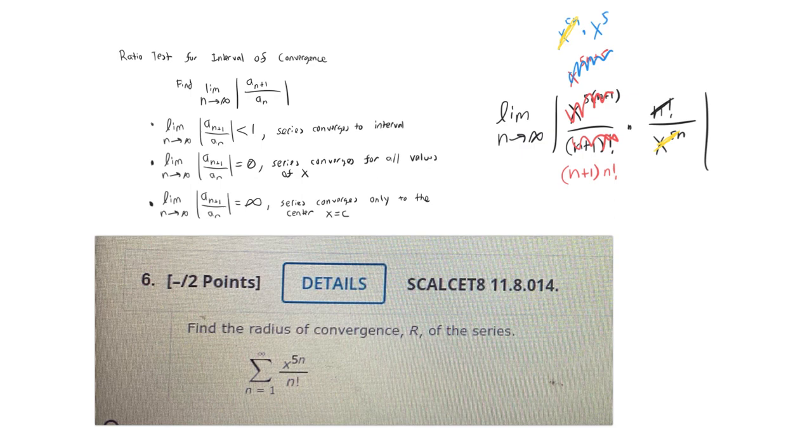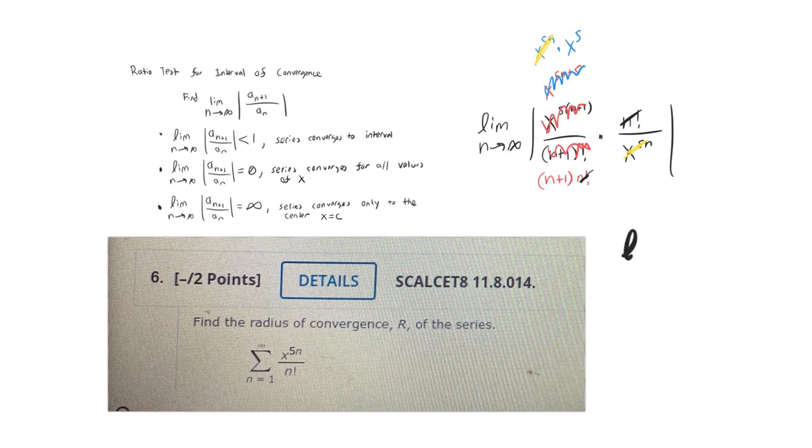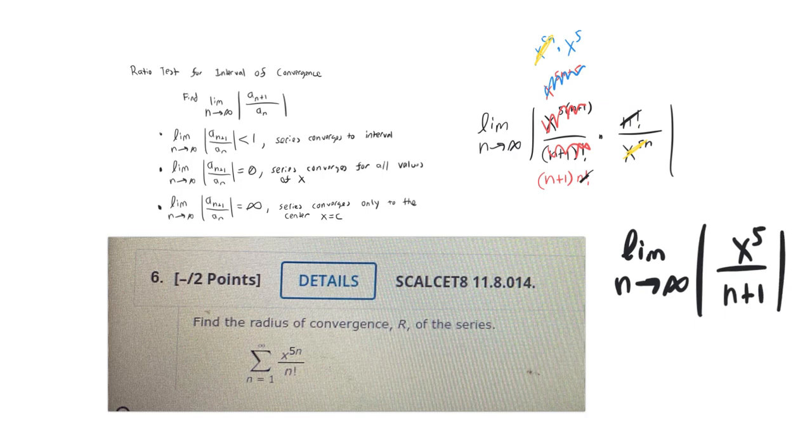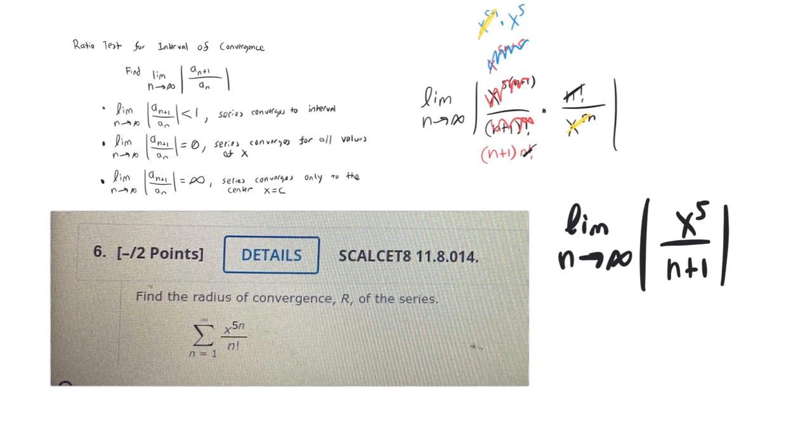So therefore, these will cancel. These will cancel. And therefore, what we're looking at is the limit as n approaches infinity of what's left over on the top, x to the 5th all over n plus 1. Now we could think of that as x to the 5th times 1 over n plus 1.